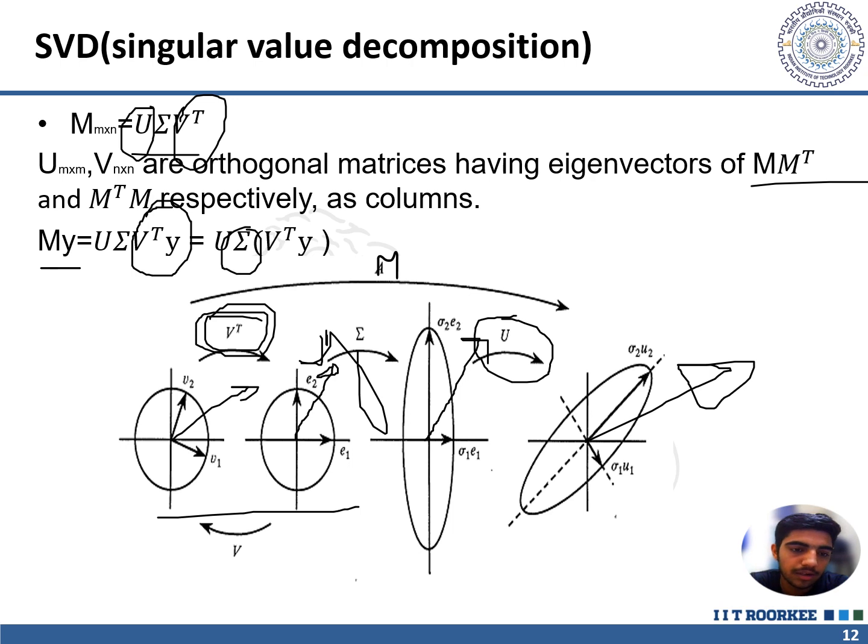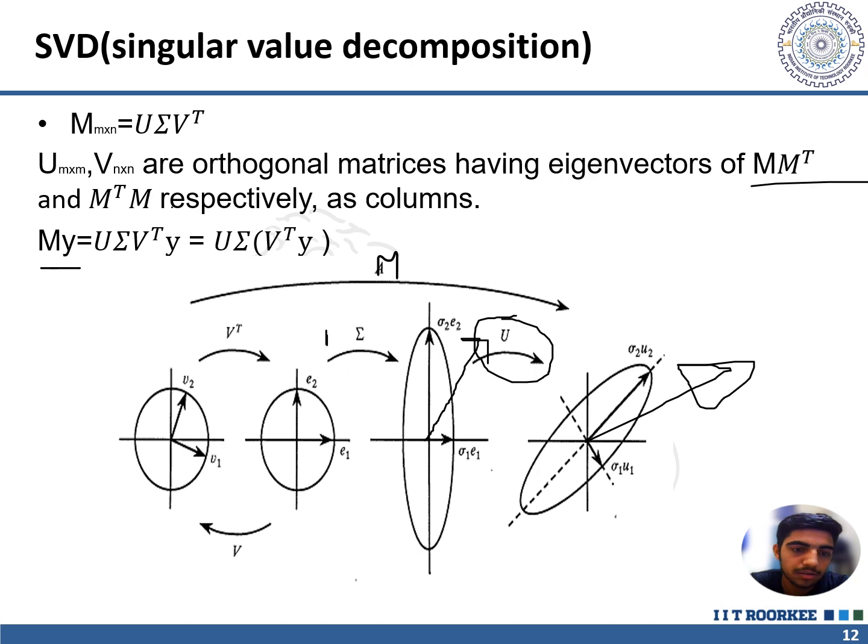We are transforming from one orthogonal basis, our usual xy basis, to another orthogonal basis, the eigenvectors of this matrix M transpose M. Hence we can see these complex transformations by changing our basis.